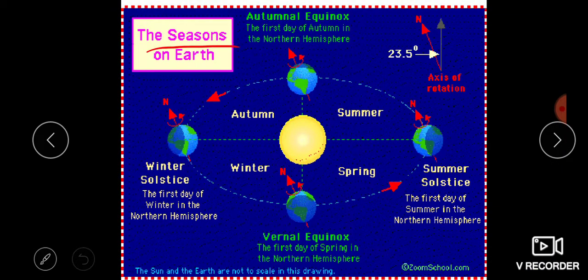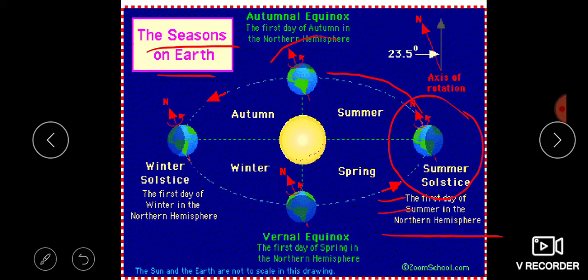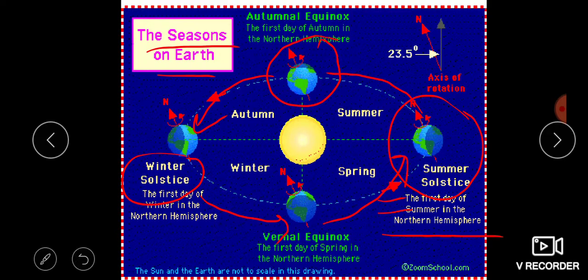See here the seasons of the earth. This is summer solstice, the first day of summer in the northern hemisphere. As we move, this is summer, then autumn season, then winter season, winter solstice, then spring season and again summer season.